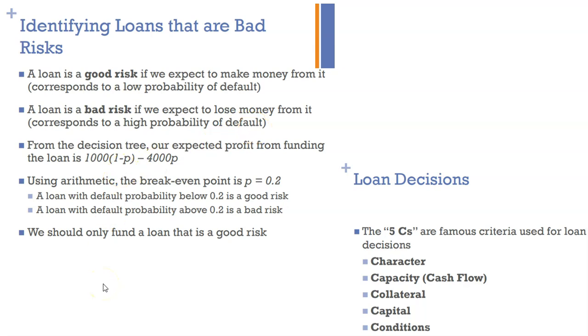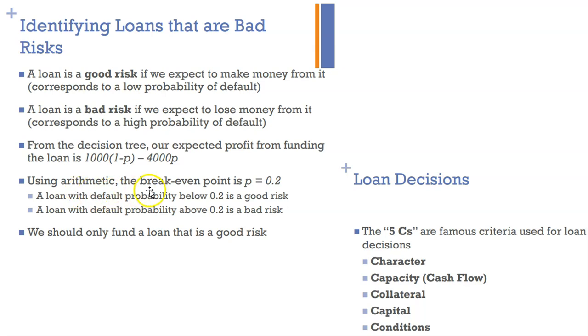From the decision tree, our expected profit from funding the loan would be $1,000 times 1 minus p, the probability that your client does not default, minus $4,000 multiplied by the probability that your client does default. So the higher the probability p, the higher the loss.